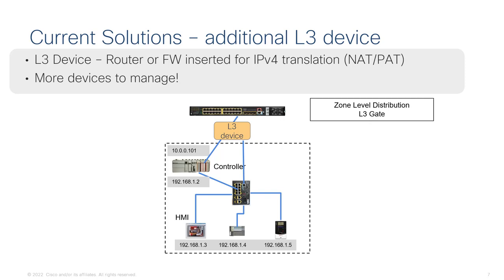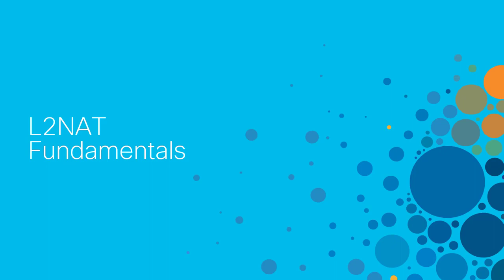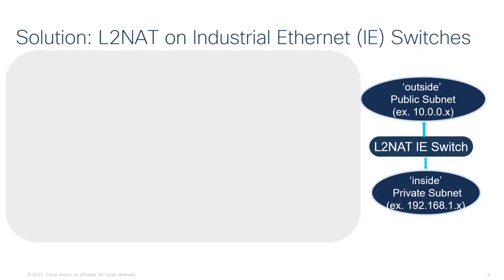These devices will implement NAT or PAT, or traditional IPv4 practice. Now, they are more complex than an IE switch or a switch in general, and it is one more device to manage, which is not good. So let's get into the Layer 2 NAT fundamentals on IE switching.